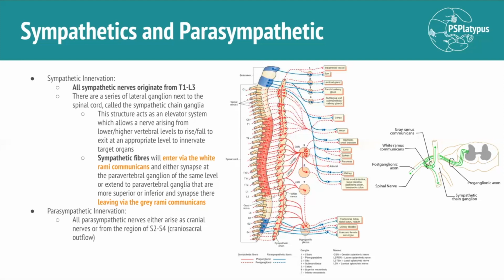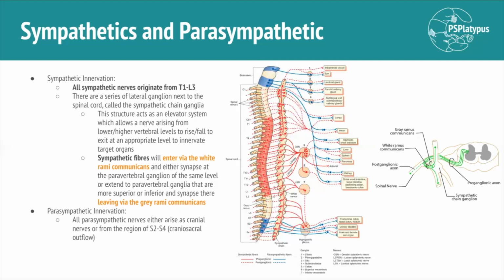And basically what we see here is our presynaptic sympathetic fibers coming from our spinal cord, exiting via the ventral root, and then forming our mixed spinal nerve, where we have both our ventral and dorsal root nerves mixing, and then they enter this area known as the white ramus communicans.